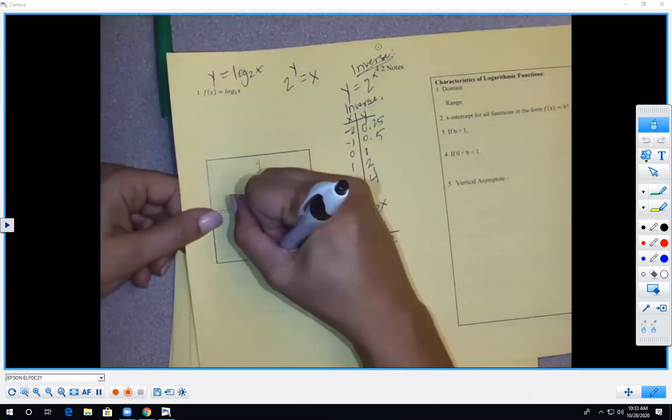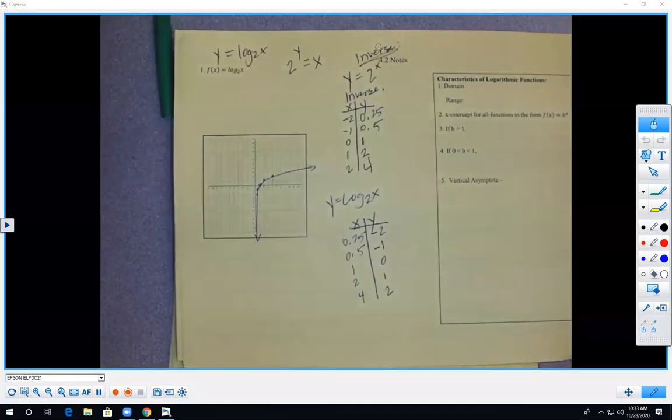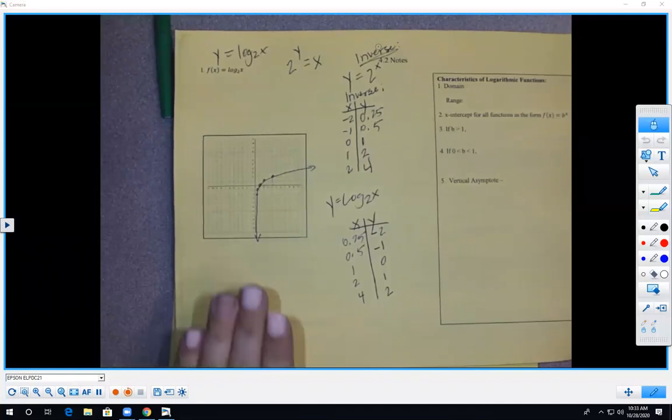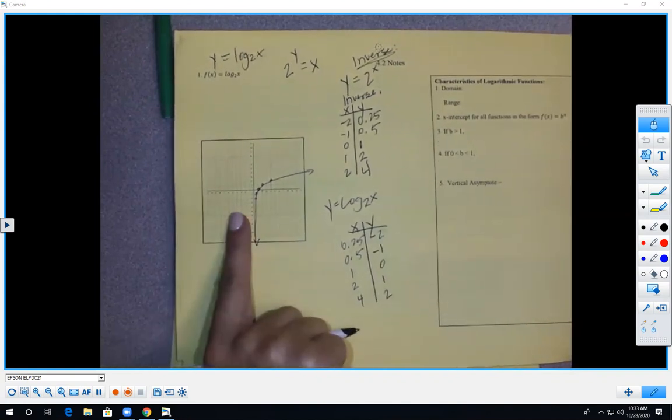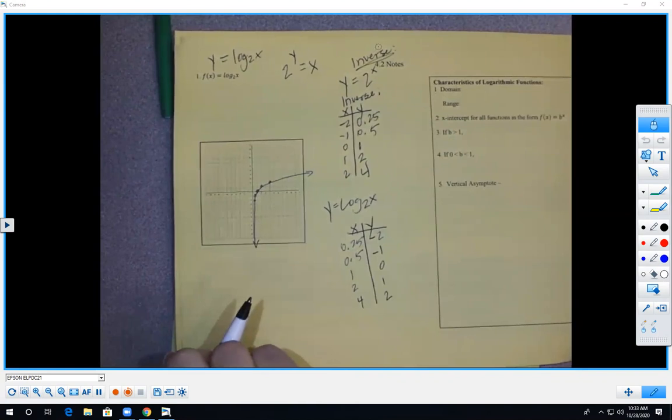You can't get a negative number, and that tells us something very interesting. Without transformations, can a log equal a negative number? No, you can't get a negative number over here. Well, I'm sorry. Yes, a log can equal a negative number. Can you take the log of a negative number?